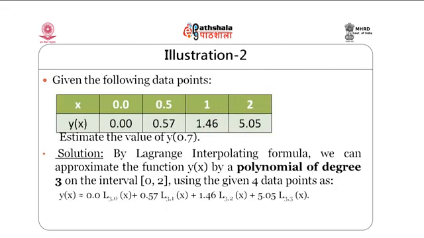So, by Lagrange's interpolating formula, we are approximating the function y(x) by a polynomial of degree 3 on the interval 0 to 2 using the given 4 data points, and this polynomial will be given by y(x) equal to 0.0 into L_{3,0}(x) plus 0.57 into L_{3,1}(x) plus 1.46 into L_{3,2}(x) plus 5.05 into L_{3,3}(x).